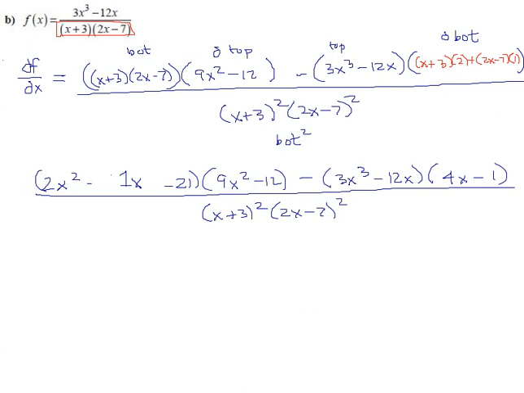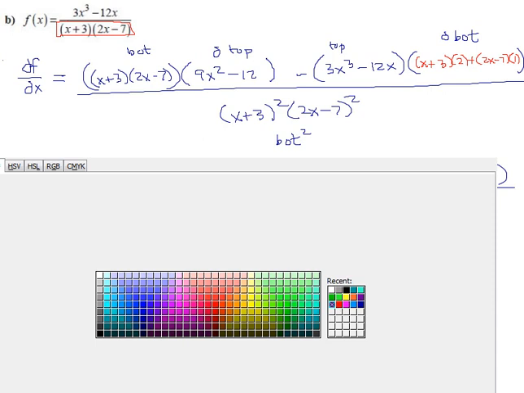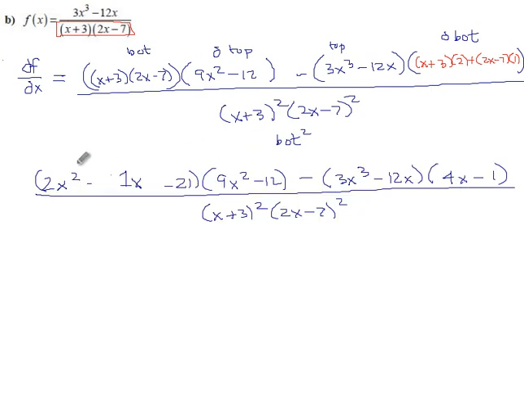Now we can distribute some more. This 9x squared minus 12, we have to distribute the trinomial through the binomial, and we get to FOIL over here. So that will give us a small mountain of terms. 2x squared times 9x squared, 18x to the 4th. 2x squared times minus 12, minus 24x squared.